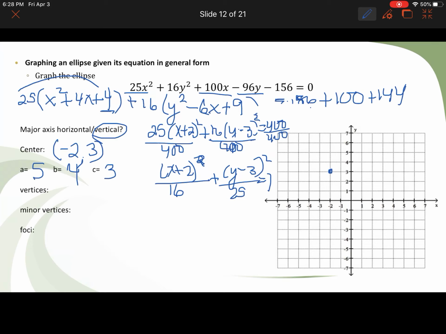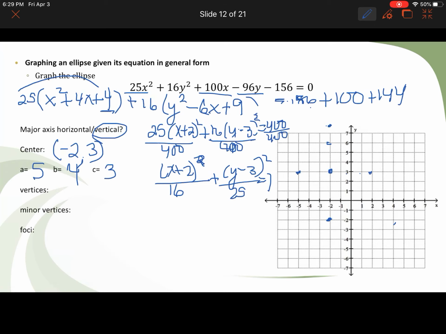So negative 2, 3. We're going up and down, and we're going to go up 5. I'm going a little bit off our graph. And we'll go down 5. And we'll go over 4. And over 4.